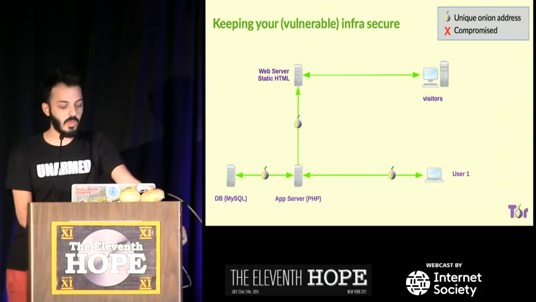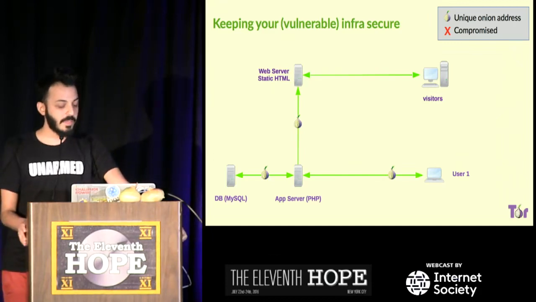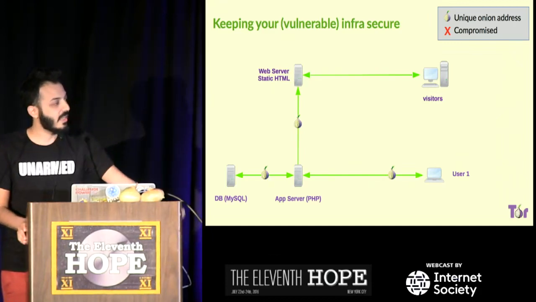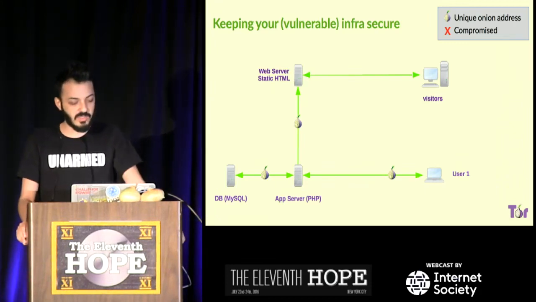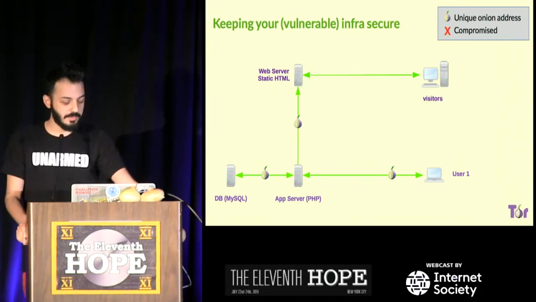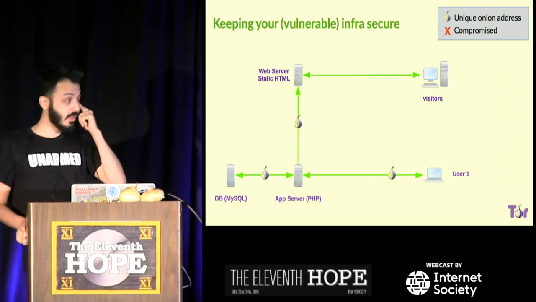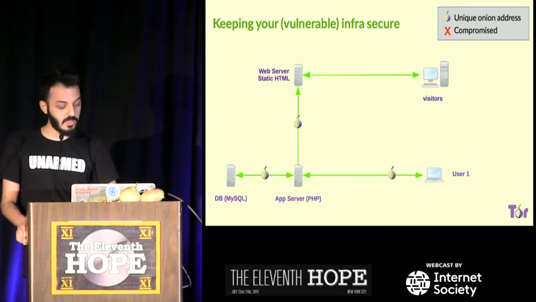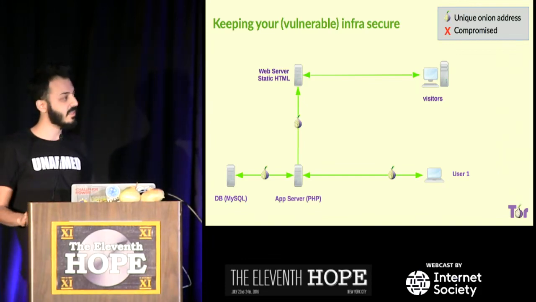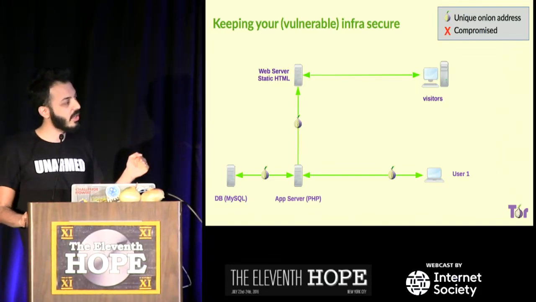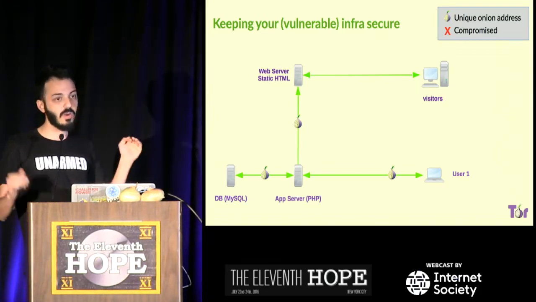But if you do it over Onion, each of these is a unique onion address. Neither the database nor the application server has a public IP address. They only talk to each other, the application server and DB, over Onion.